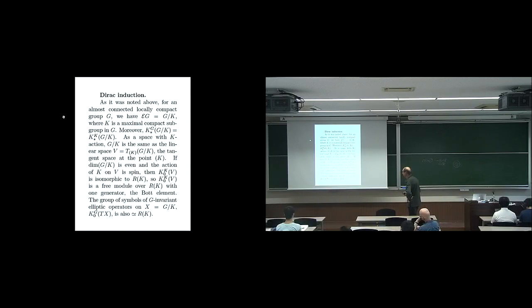This is isomorphic to R of K. So the left-hand side of the Baum-Connes conjecture is just R of K, the representation ring of the maximal compact subgroup. The K0 of G mod K is generated by the one Bott element times any representation of K.